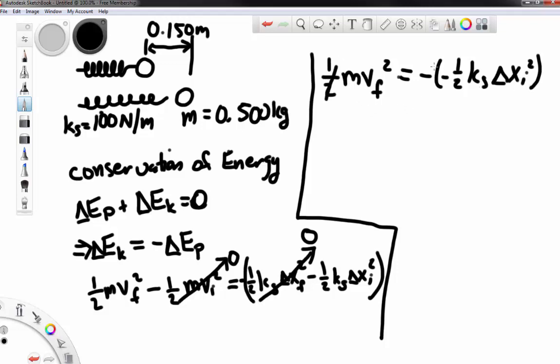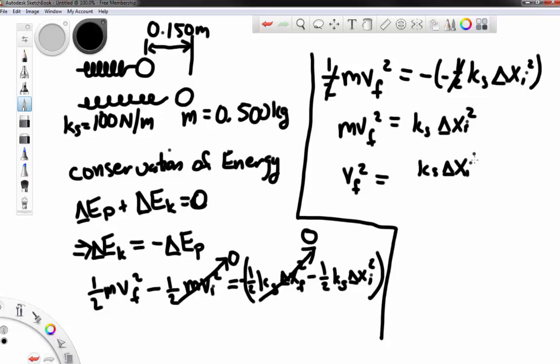So there's a half here and there's a half here. There's a negative here and a negative here, so those things cancel. The mass of the ball times the final speed of the ball squared is going to be the spring constant times the displacement from the equilibrium squared. That means that the final speed of the ball squared is this ratio, which is spring constant times displacement squared divided by mass.